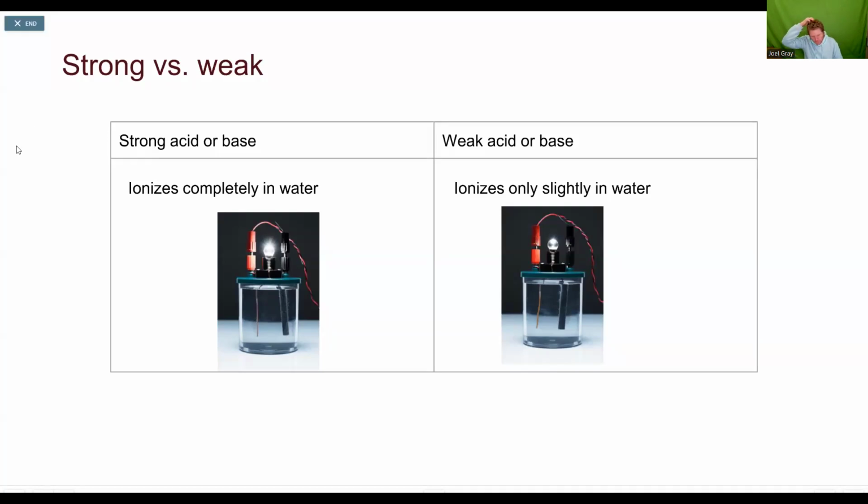One of the ways I always think about classifying a strong acid or a strong base is to use this notation of HA. HA is the term we use for a general acid. This will break down into H plus and A minus.